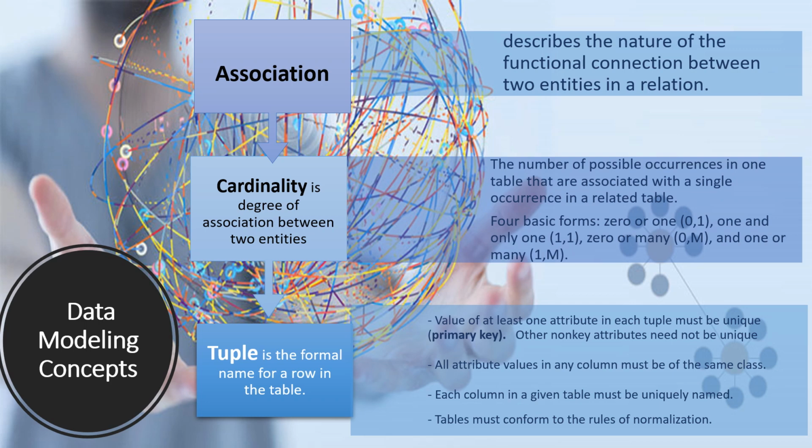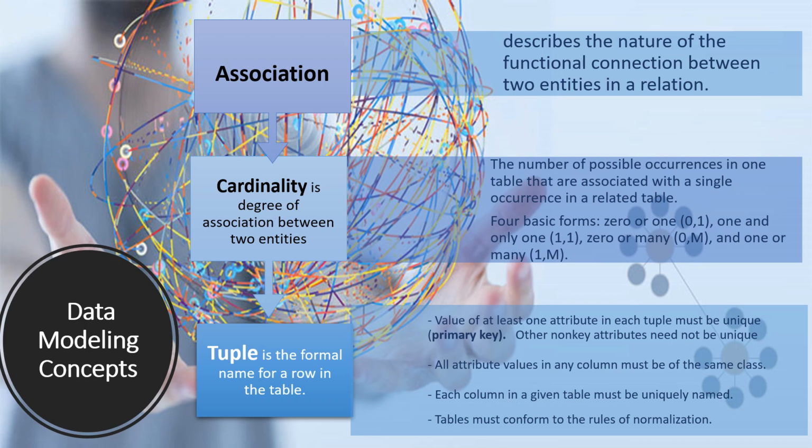So in this tuple, we should have three or four main conditions. The value of at least one attribute in each tuple must be unique. We call it the primary key, and other non-key attributes need not be unique. So only one attribute at least.